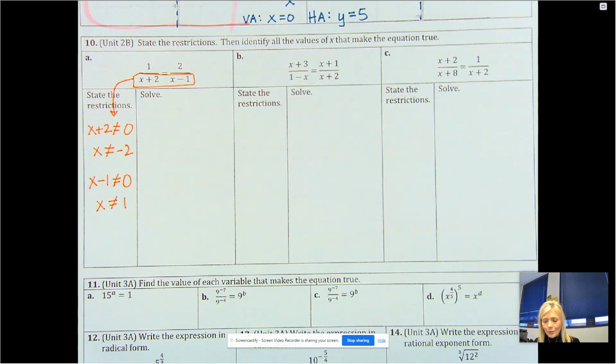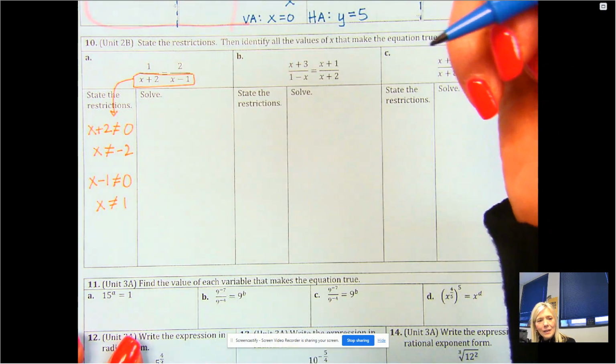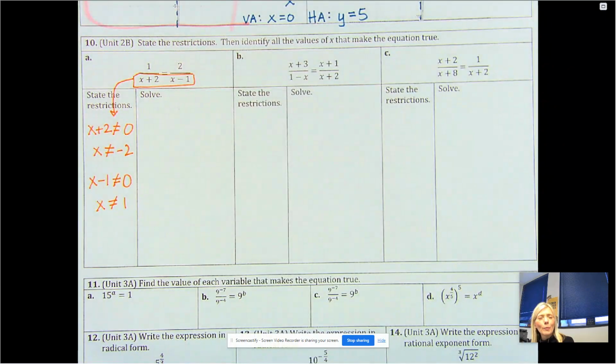And now we get to solve. So for solving, you kind of have two options. I'm going to go with the quickest one now that we're reviewing and we've done this a whole bunch. The quickest way to do an equation like this is to look at it like a proportion, and in a proportion the cross products end up being equal.